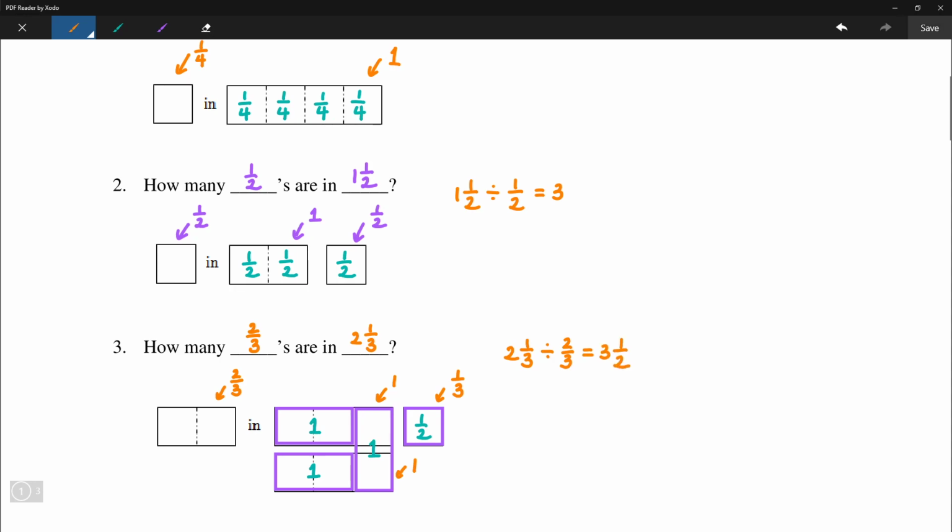Right? We can see that 3 and 1/2 of these 2/3 rectangle fits inside the diagram on the right. Let's go ahead and erase this.